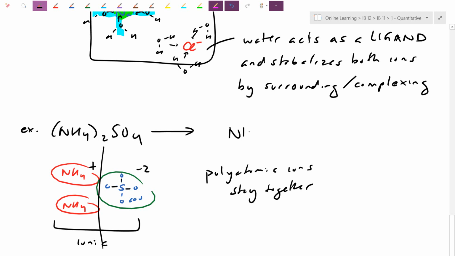The positive is ammonium, NH4 plus. The negative is sulfate, SO4 2 minus. We still need to balance it, however. Every time I break up one of these formula units, like an empirical formula, I actually get two ammoniums and only one sulfate ion. So water is good enough to break apart the ionic bond. Water cannot break the covalent bond because the covalent bond is stronger.